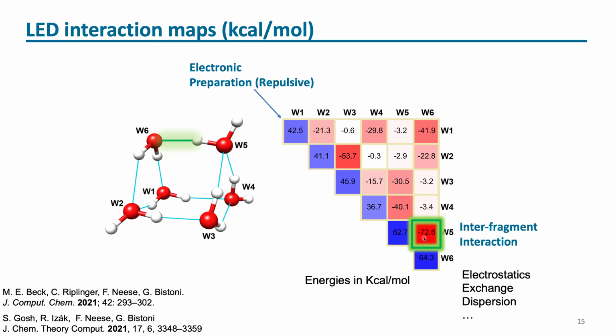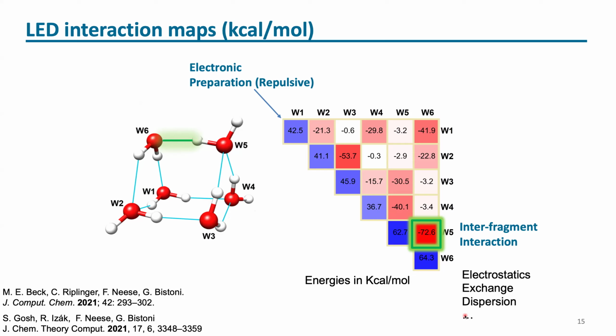This is a significant negative, so attractive, contribution to the binding energy, and represents all electrostatics, exchange, and dispersion interactions between the two water molecules. Using LED, these interactions, so electrostatics, exchange, and dispersion, can also be quantified individually to obtain additional physical insights.